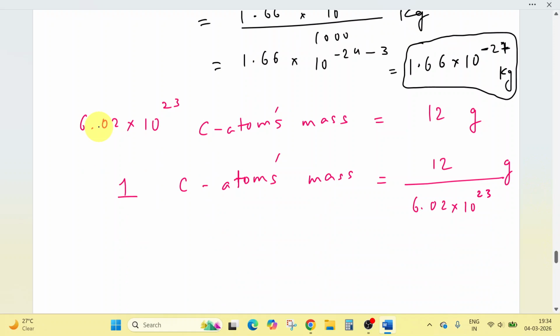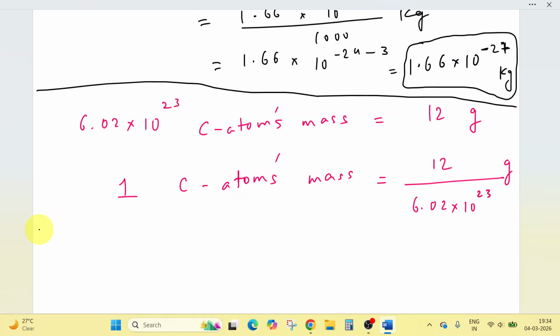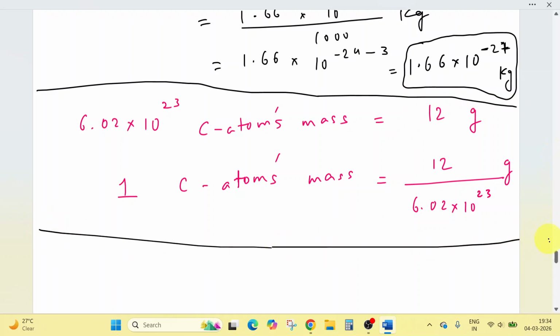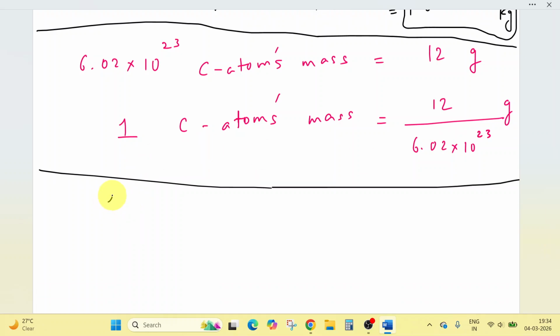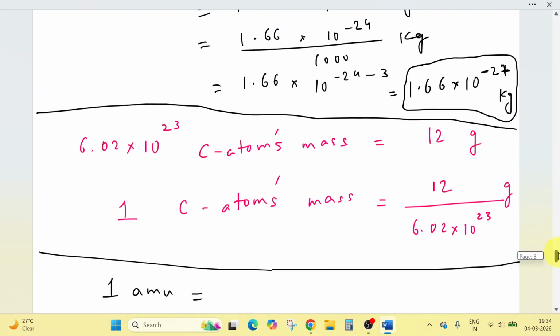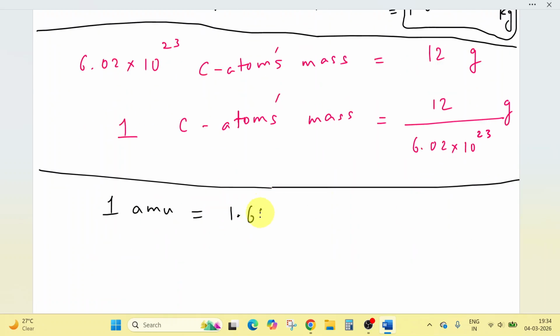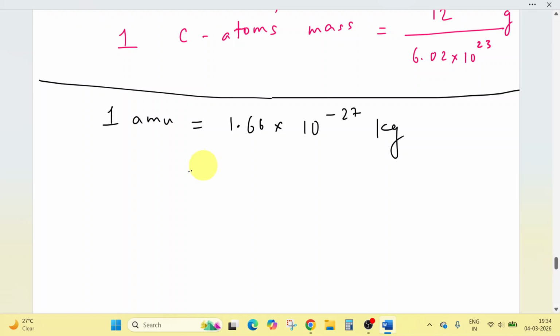So 1 atomic mass unit in terms of kg if you express, 1.66 into 10 to the power minus 27 kg, or in gram if you want to express, 1.66 into 10 to the power minus 24 gram. Both are correct.